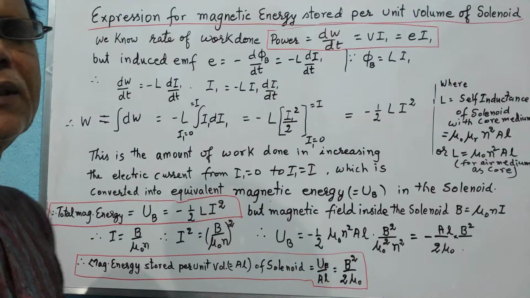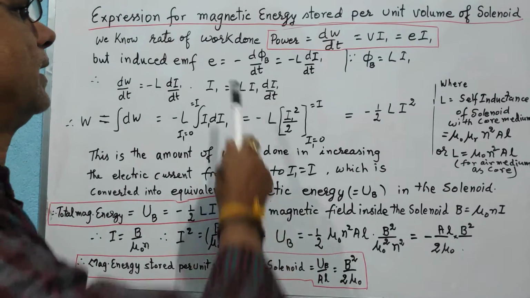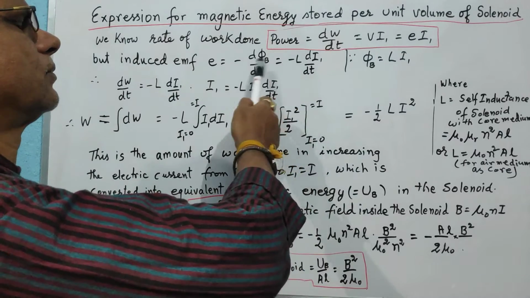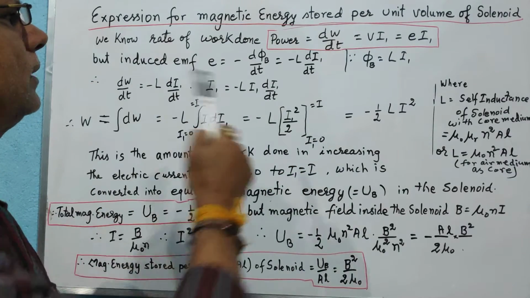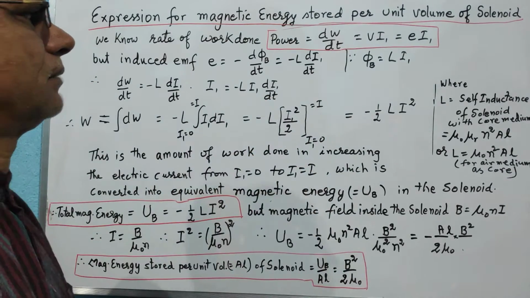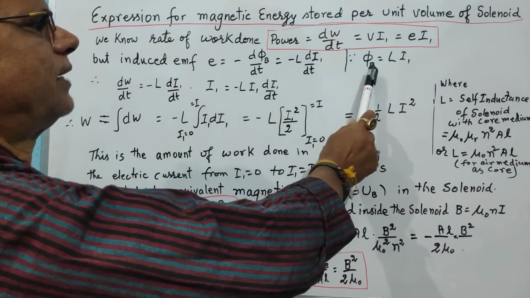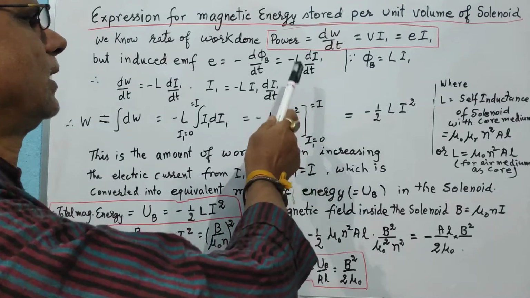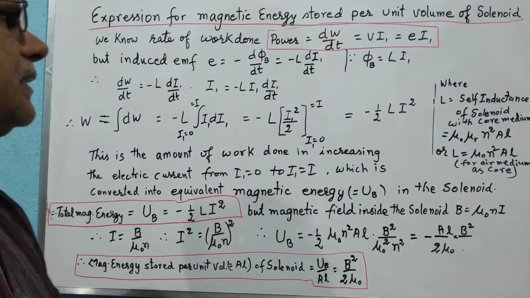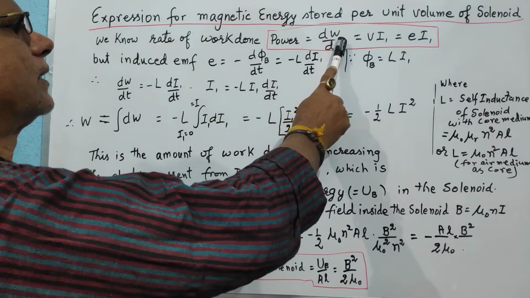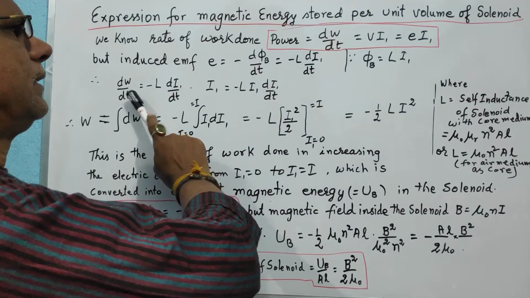Now we also know that the induced EMF is given by the rate of change of magnetic flux, and we have already found that it is equal to minus L di1 by dt, because phi is equal to Li. You can refer to the previous lecture. Therefore we can write the rate of work done, dw by dt.